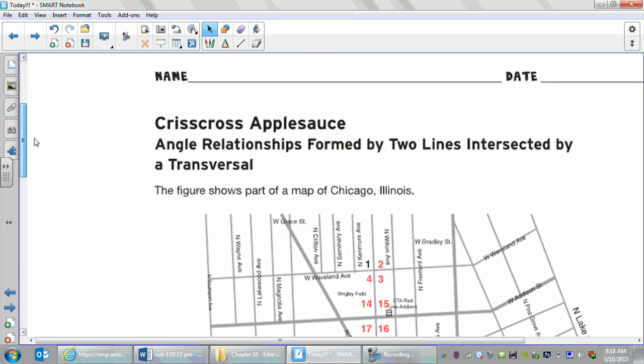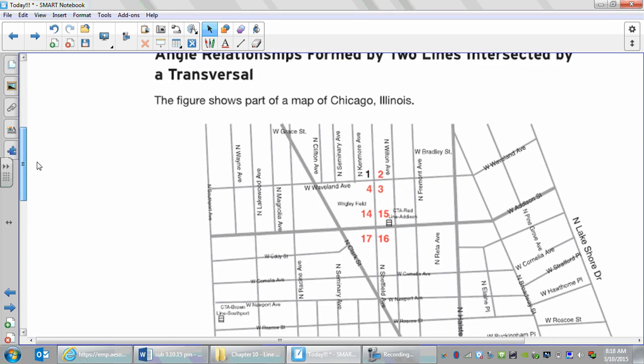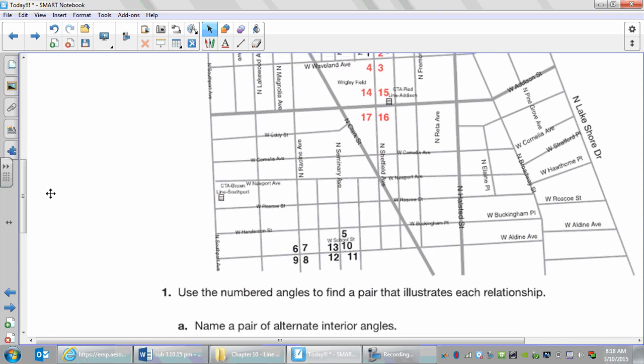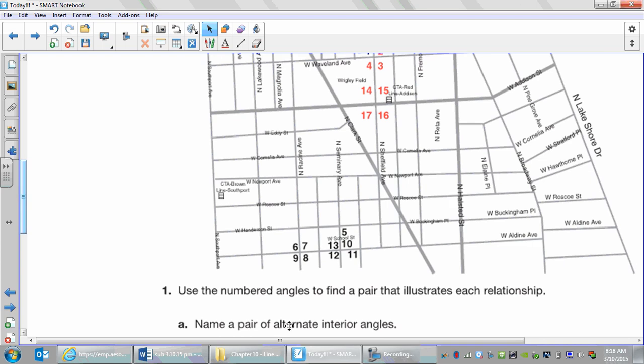All right, so we have a map of Chicago here. And our first question is name a pair of alternate interior angles. Okay, so we have right here alternate interior.